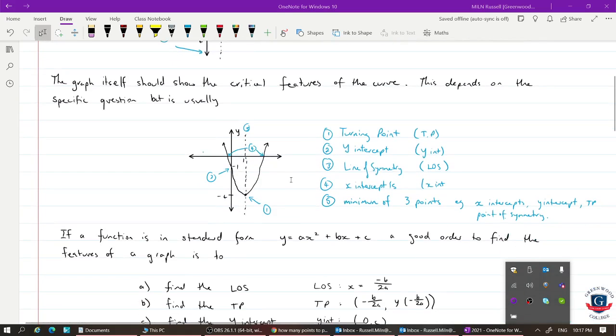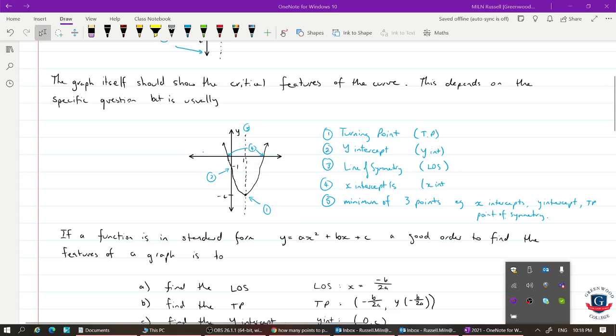Now the next part actually requires drawing the graph, and you need to know some features of the graph in order to draw it to display the curve on your axes. So some typical features of the graph are the turning point, this point here, the y-intercept, this point here, the line of symmetry, this line here, upon which the graph is symmetrical about, the x-intercepts, these 2 points here, and showing at least 3 points on the curve.